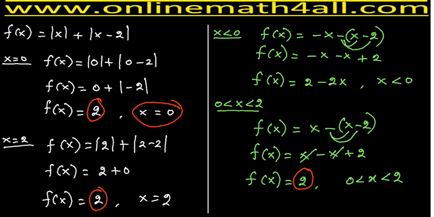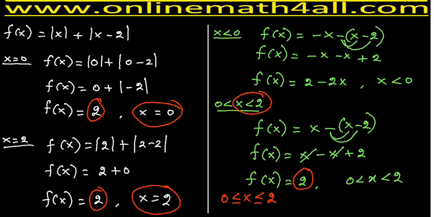And here, x is equal to 2 or x less than 2, so it can be combined. For x equal to 2, we get f of x equal to 2. For x less than 2, we get f of x equal to 2. Already we know that x is greater than or equal to 0. So it can be written as x less than or equal to 2.